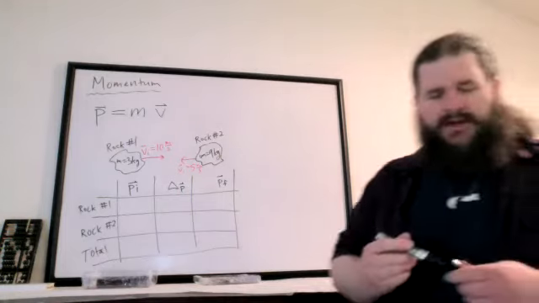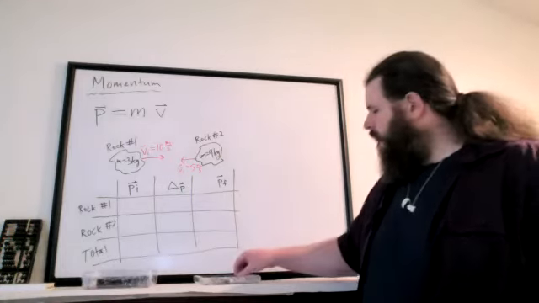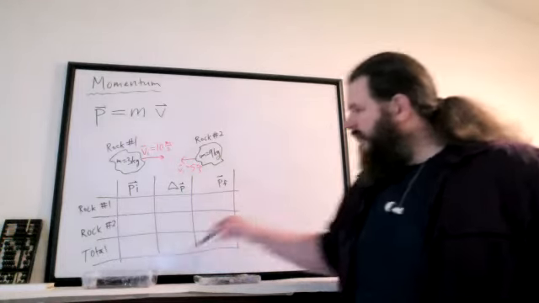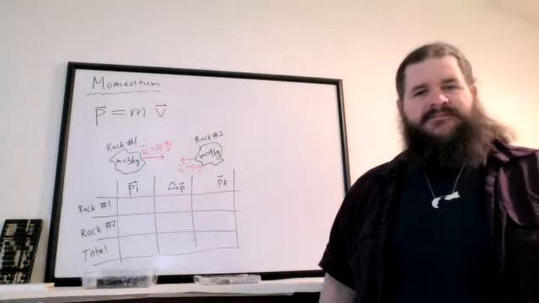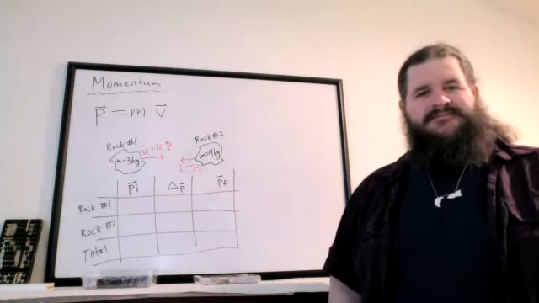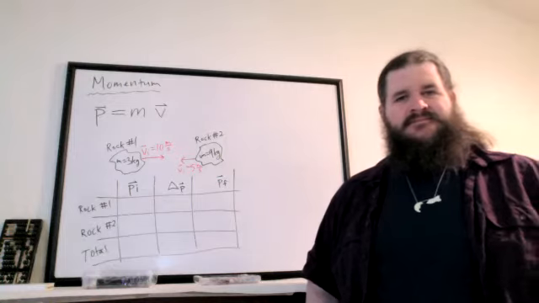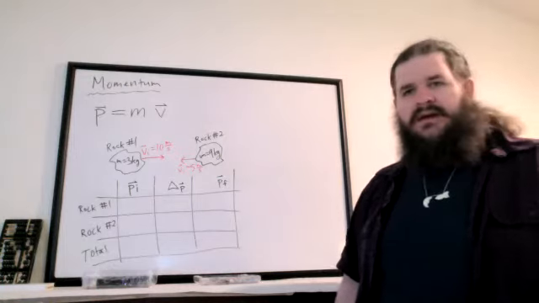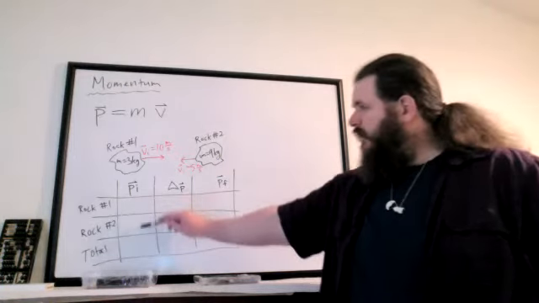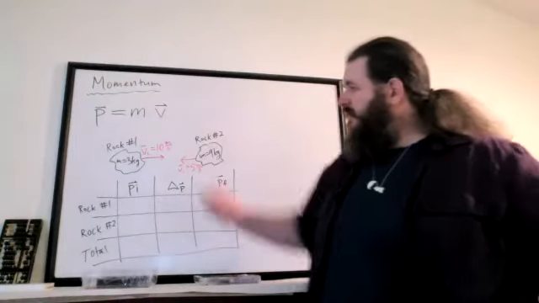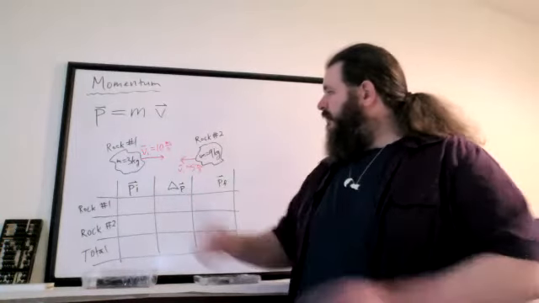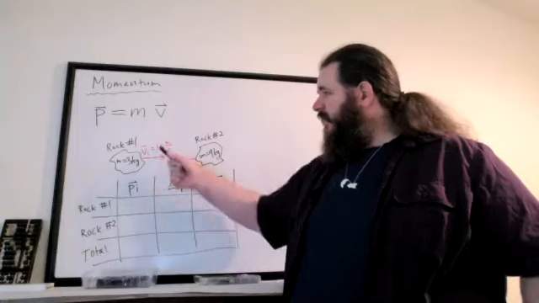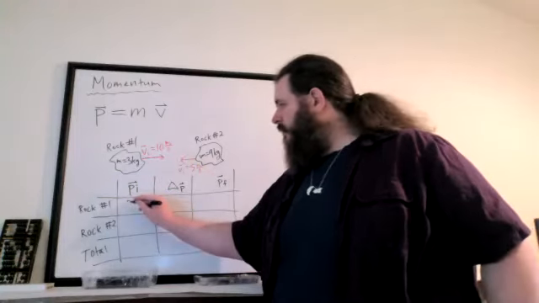And let's fill in the values we know so far. Of these, what can we calculate right away? The initial momentum of each of the rocks. Yeah, we can find the initial momentum of each rock just by multiplying mass times velocity. So for instance, for rock 1, we multiply 3 times 10, we get 30.